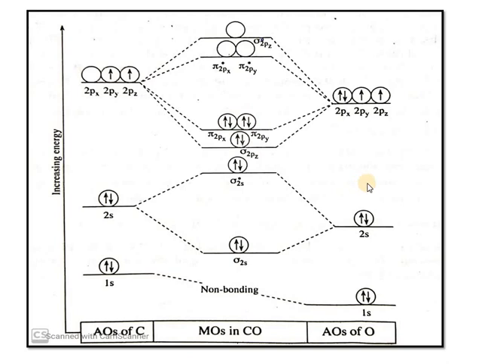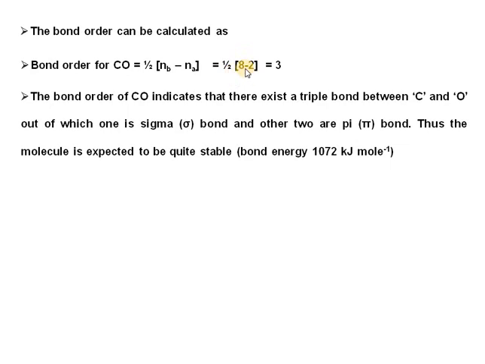So 8 are bonding, and only 2 are antibonding. Therefore, bonding 8 minus antibonding 2, and this calculation is equal to 3. So the bond order of carbon monoxide is found to be 3.